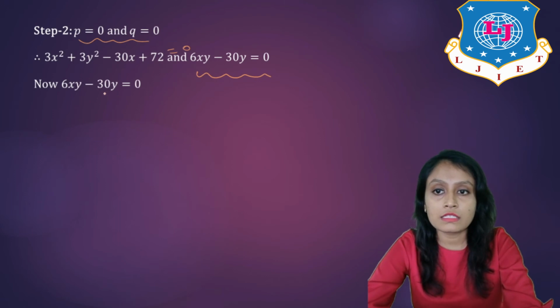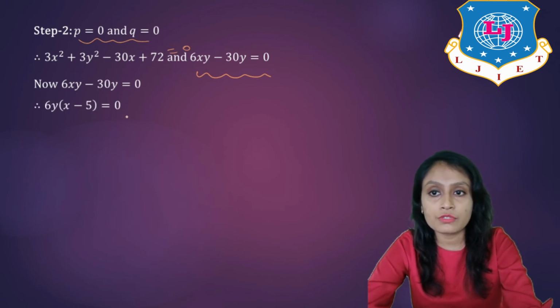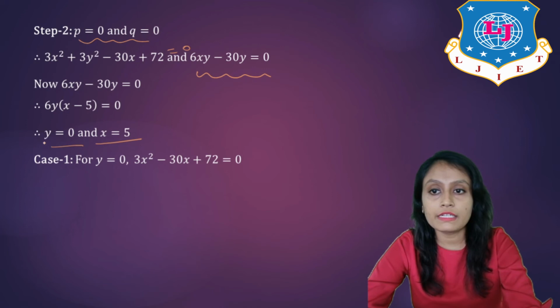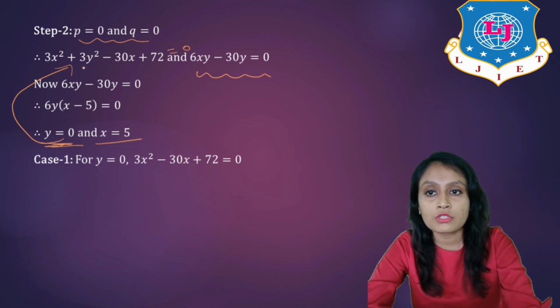Now first we will simplify this. Take 6y common. So you will get 6y into (x minus 5) equal to 0. So from this you will get y equal to 0 and x equal to 5. So firstly we will take y equal to 0 and substitute it in this equation. So this term is gone. What remains is 3x square minus 30x plus 72.